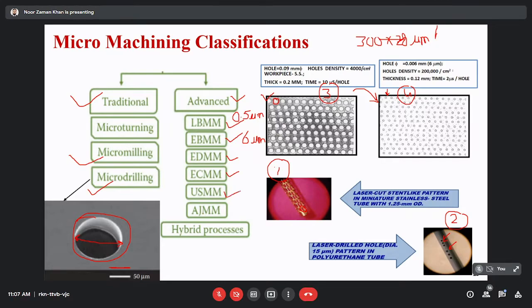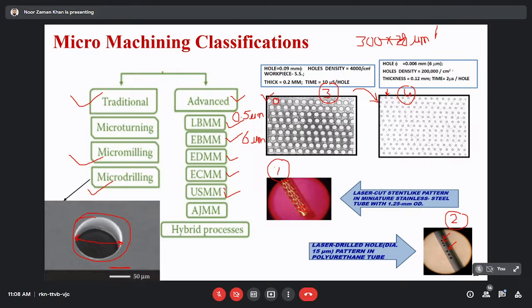Now next is ultrasonic micromachining process. This is a very valuable process for precision machining of hard and brittle materials, whether conducting or non-conducting. So a tolerance up to plus minus 5 micrometer can be achieved in this process.